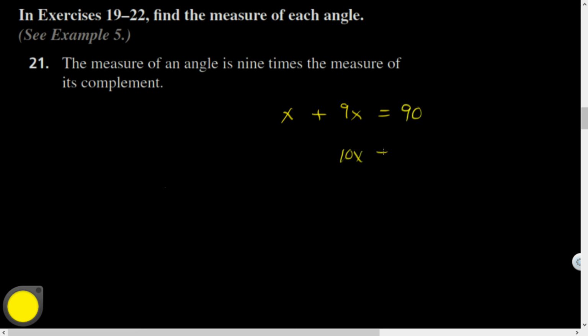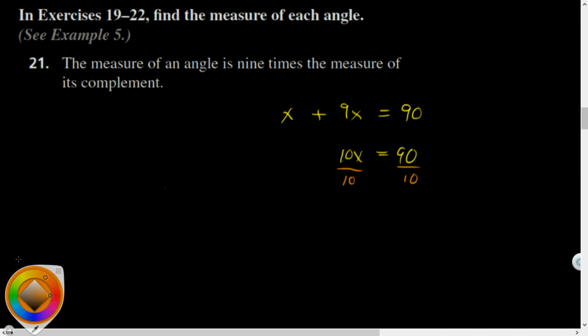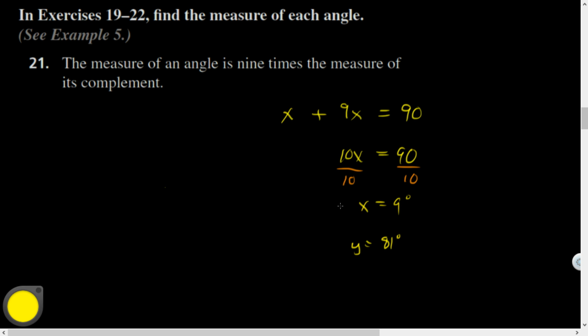So I'd have 10x equals 90, divide both sides by 10, I was going to say 9, and I end up getting x equals 9, as we had said. So that is the measure of one of the angles, and then the other angle, its complement, would be 81 degrees. Well done. I could call that y if I wanted or something like that.